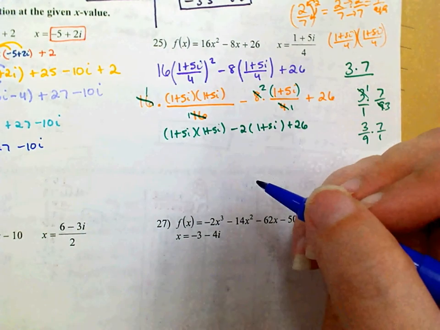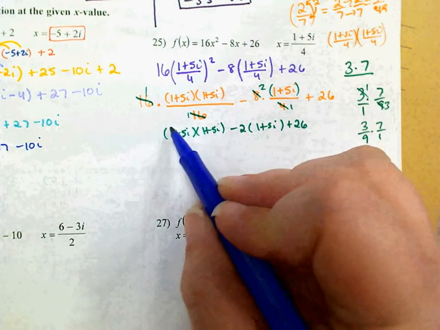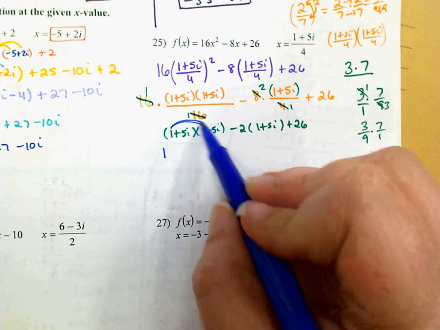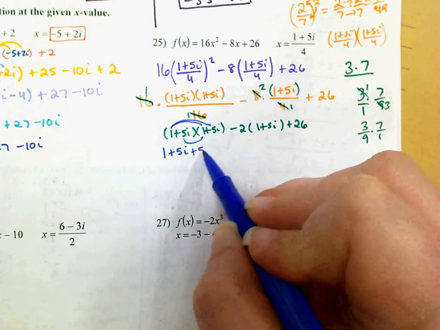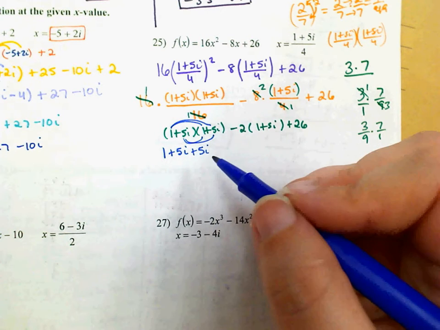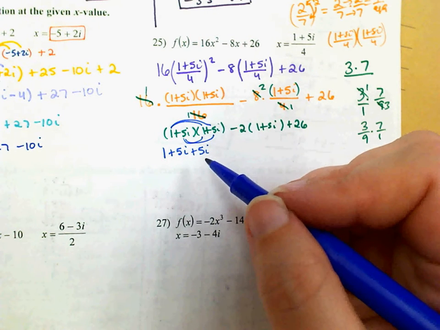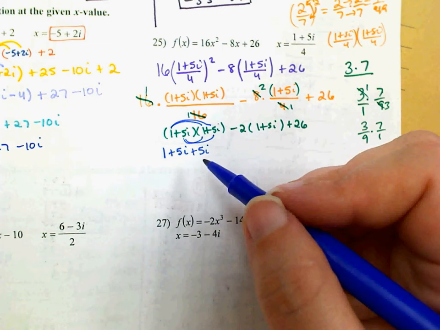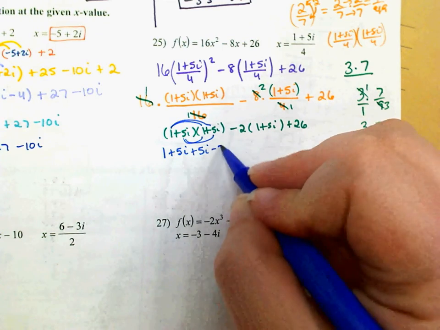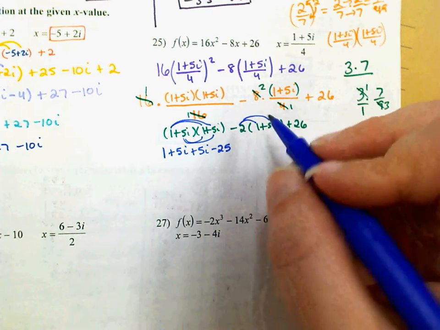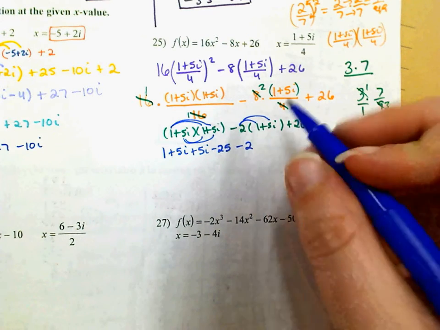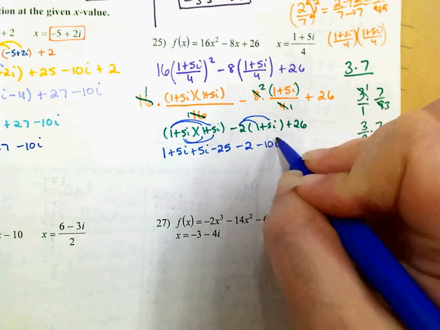So now let's multiply. 1 times 1 is 1. 1 times 5i is 5i. 5i times 1 is 5i. And 5i times 5i is a positive 25i squared, which means it's a negative 25. Okay? I'm going to go ahead and distribute here. I've got negative 2 times 1, which is negative 2. Negative 2 times 5i is a negative 10i, and then plus 26.